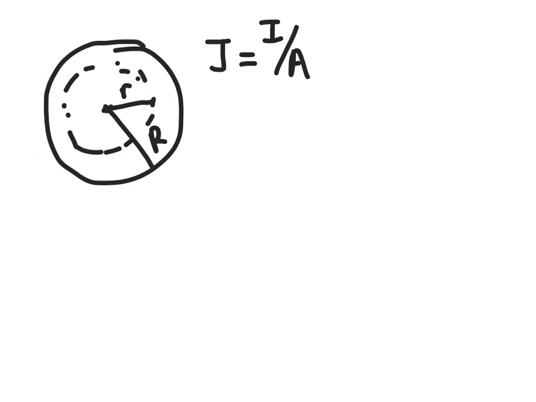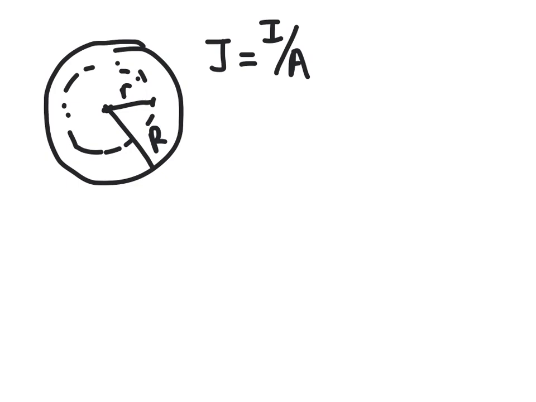So here I'm going to draw a wire. We're looking into the wire here. Let's say we draw an Amperian loop at this radius from the very center, which we'll call little r. The big radius of the wire is R, and I'm going to define current density with the letter J, the amount of current per cross-sectional area.